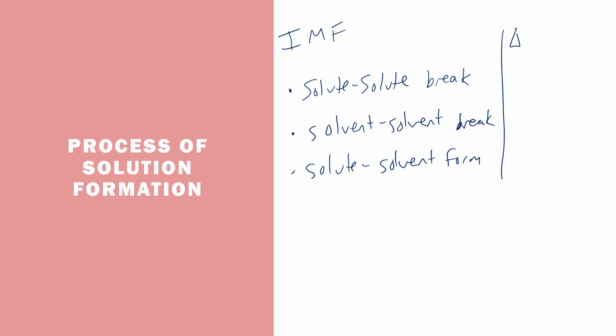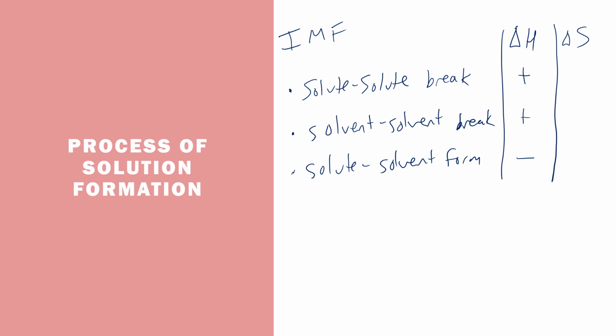So let's now relate that with our enthalpy and entropy. When you are breaking bonds, that is endothermic, so delta H would be positive. When you are forming, that is exothermic, so delta H is negative.